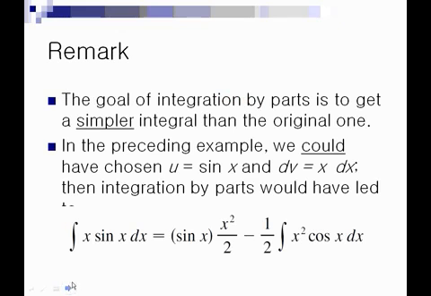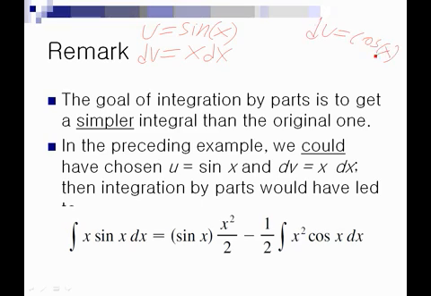But what if you were very foolish, or you decide you want to see what happens if you do it the other way around? Then you don't make an easier problem, you make a more difficult problem. If you let u be sine of x, and you wanted your dv to be x dx, then your du will be cosine of x, and your v in simplest form will be one half x squared.